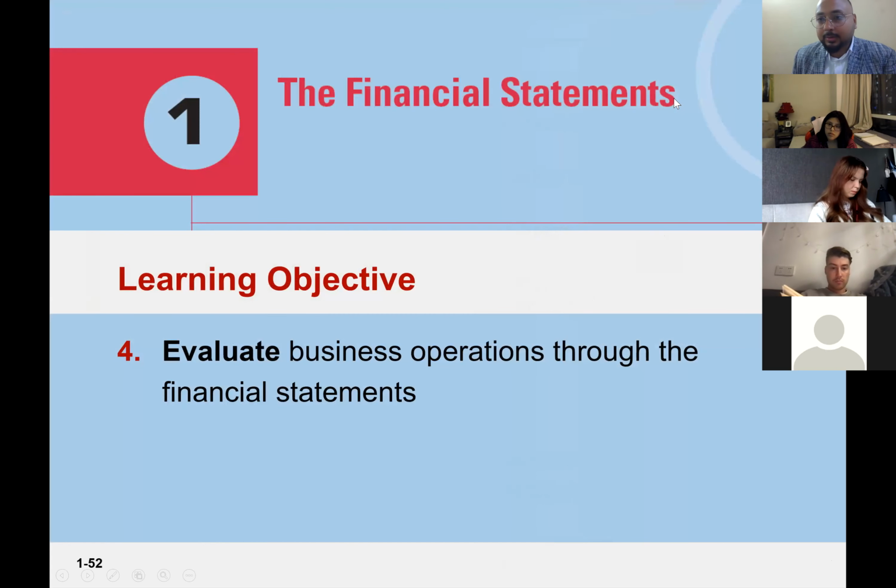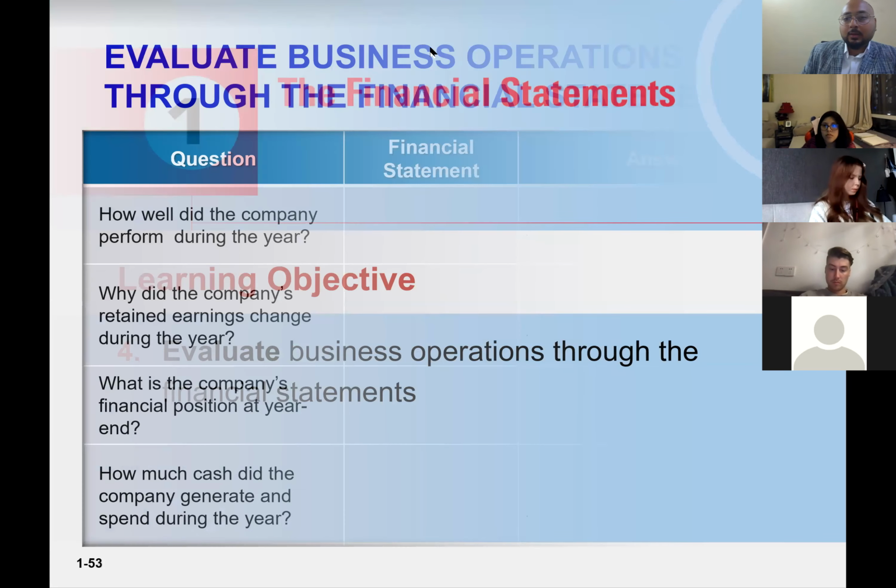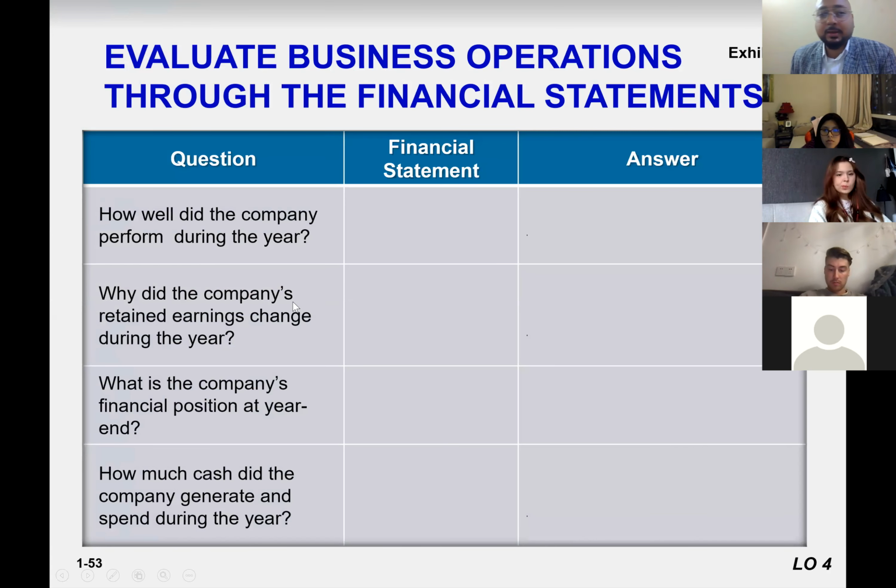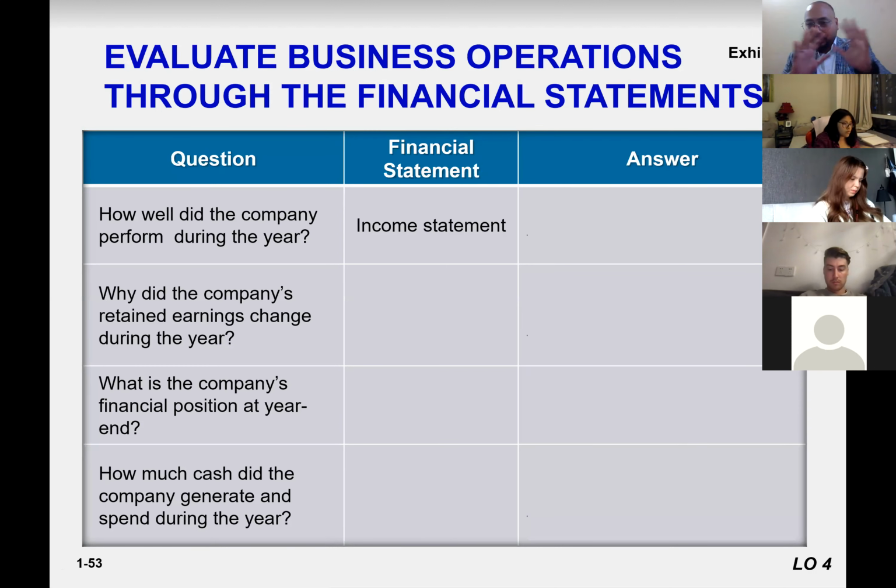Okay, now our fourth learning objective is to evaluate business operations through financial statements. So let's talk about it. Question: how well did the company perform during the year? We can find out through the income statement. Just to give you the idea here, we have 4 financial statements.